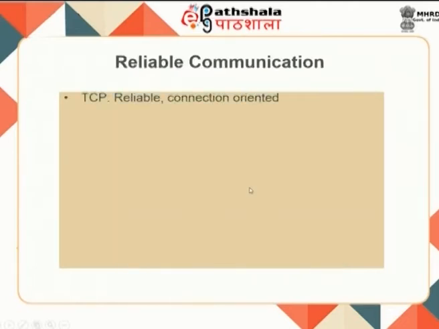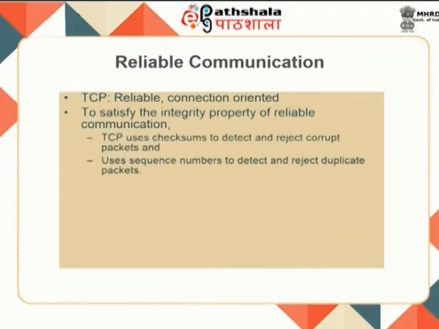Since the communication is to be reliable, we typically use TCP, because TCP is reliable and connection oriented. So, it satisfies the integrity property of any reliable communication by doing what?